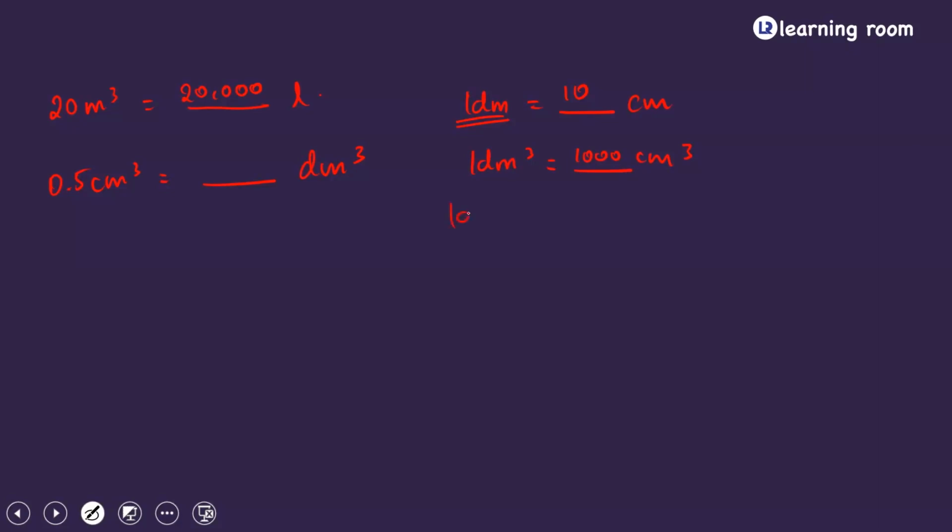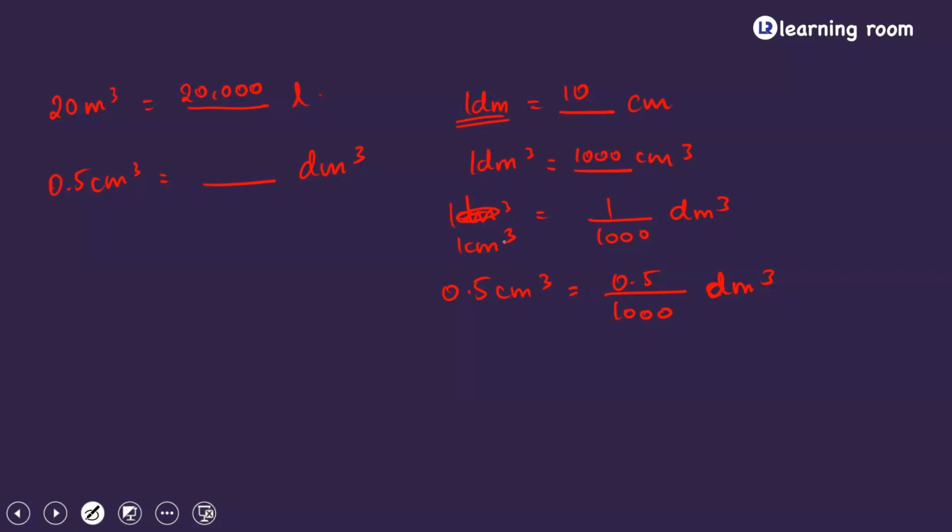1 centimeter cube is equal to 1 by 1000 decimeter cube. So 0.5 centimeter cube will be 0.5 by 1000 decimeter cube. Correct? I'm sorry, 1 centimeter cube is equal to 1 by 1000 decimeter cube.